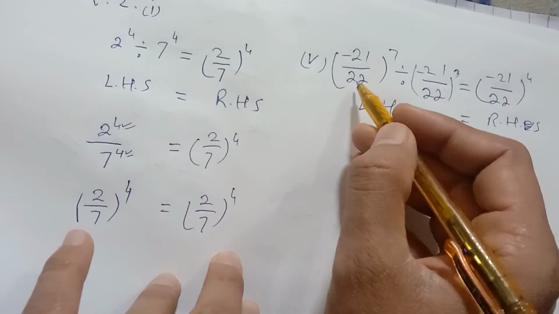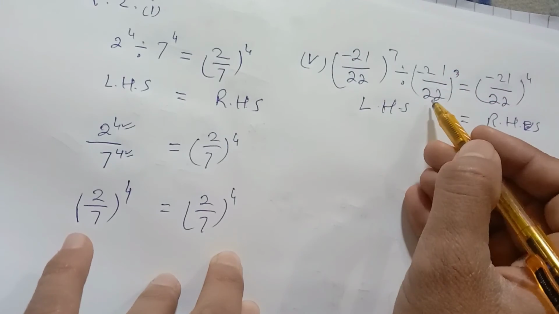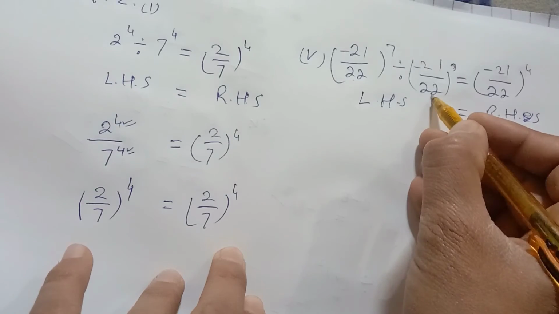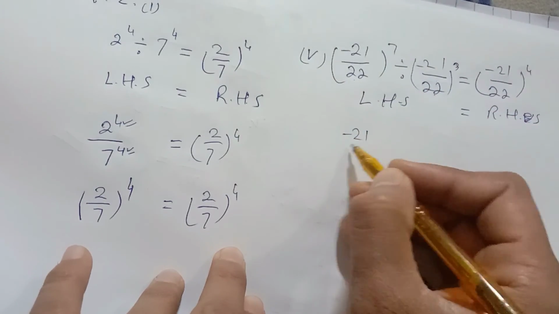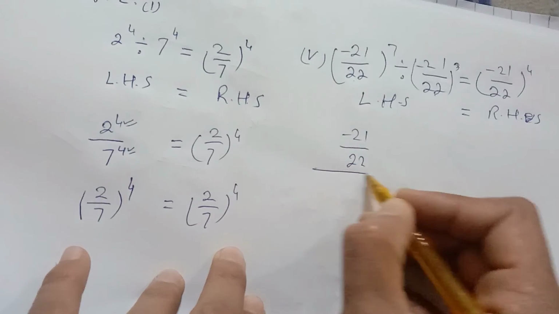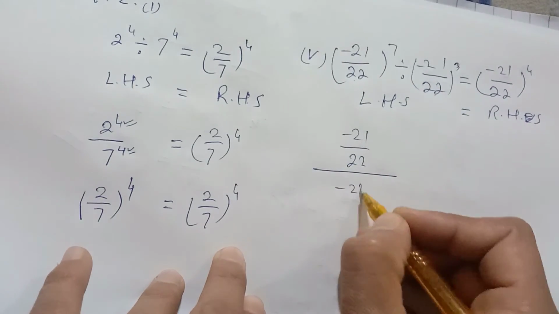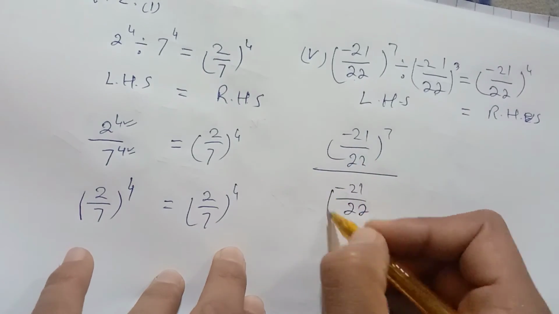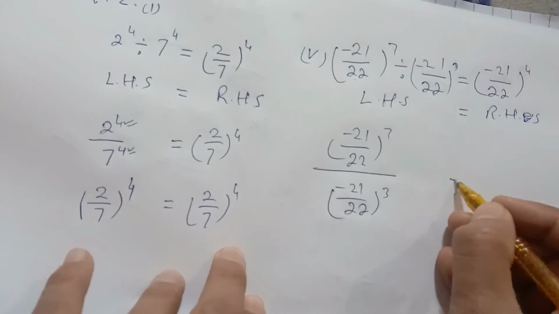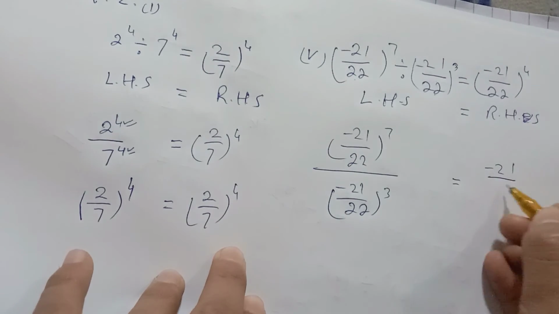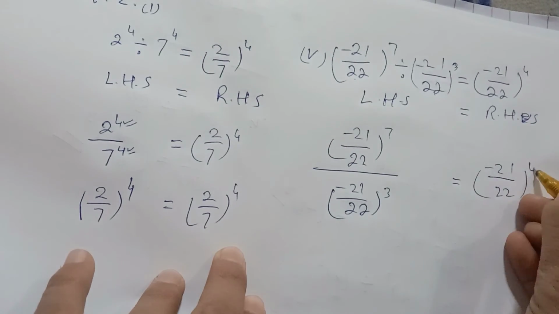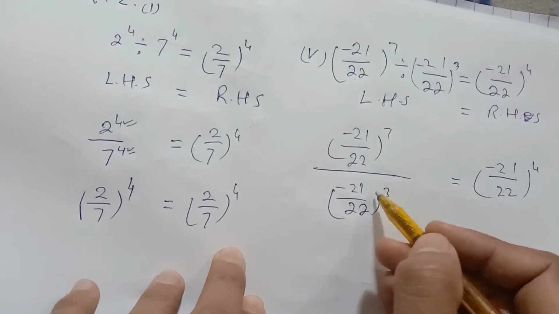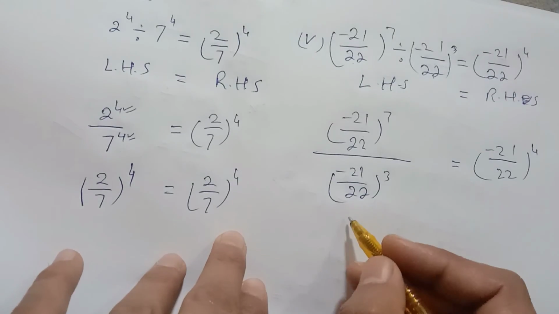Dear students, now listen. Minus 21 over 22 divided by minus 21 over 22. Here is the base, and here is also the base. The exponent here is 7, and here the exponent is 3. When the bases are the same, in the division method the exponents are subtracted.